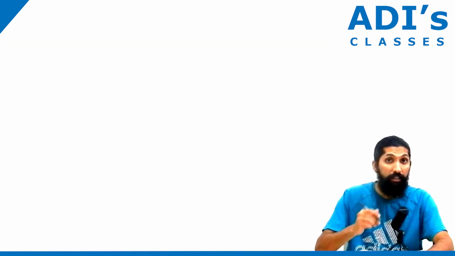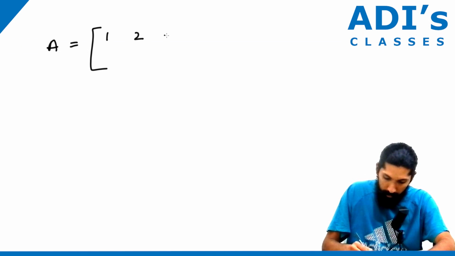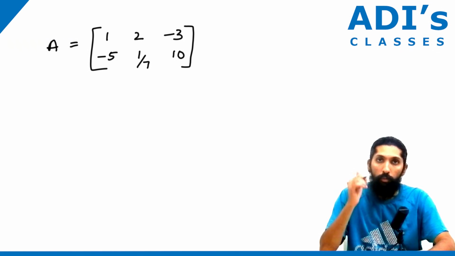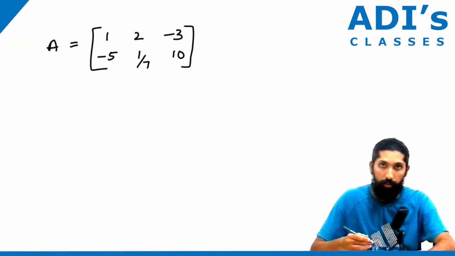Let's take a rectangular matrix. Suppose I'll take matrix A: 1, 2, minus 3, minus 5, 1 by 7 and 10. Something like this. Now I'll show you how we can do the row transformation.